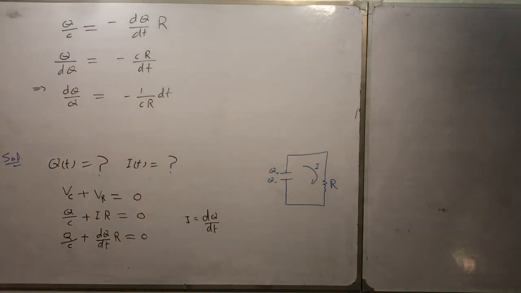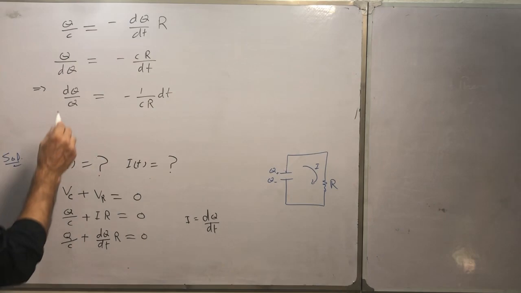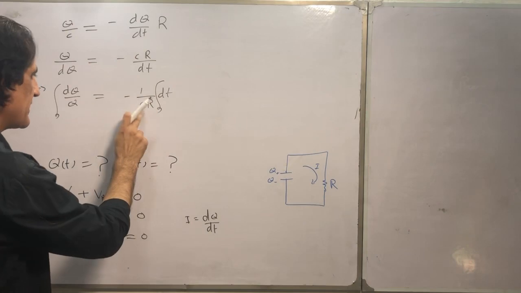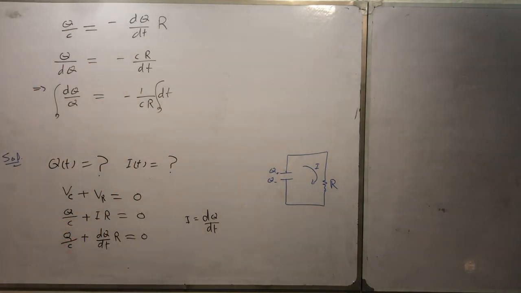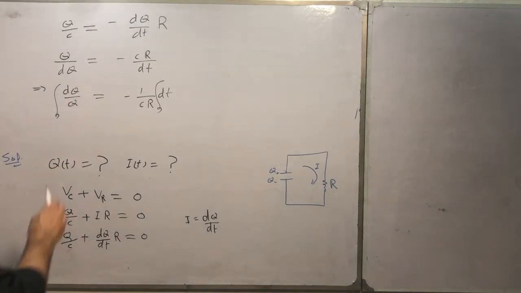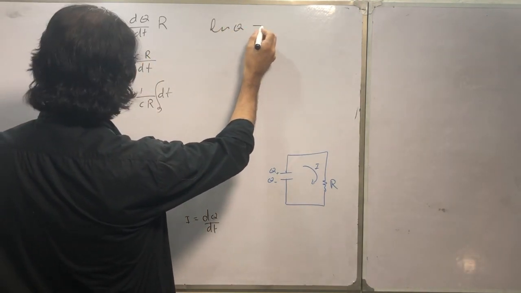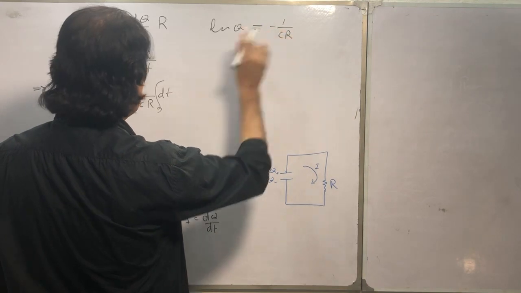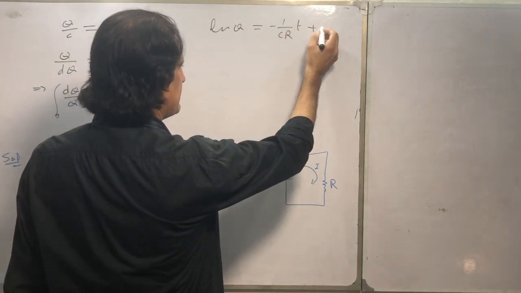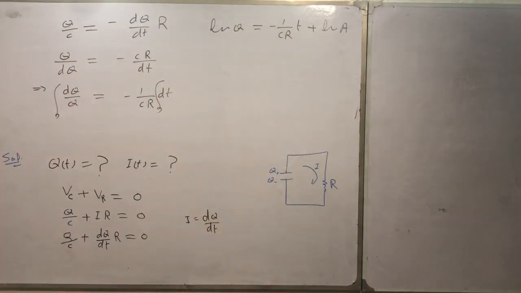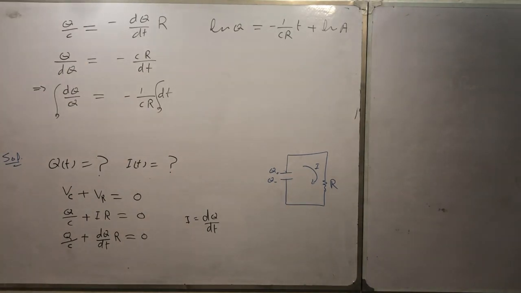And then we integrate both sides, because c and r are constant and we are looking only for q. What is the integration of this? Natural log of q is equal to minus 1 over cr times t plus log of a. This is the constant of integration, and we must write it down.